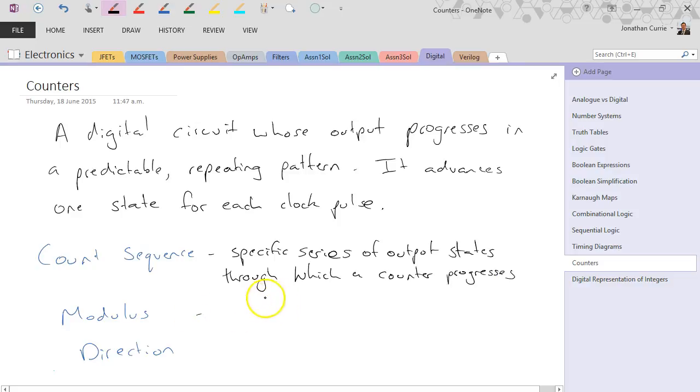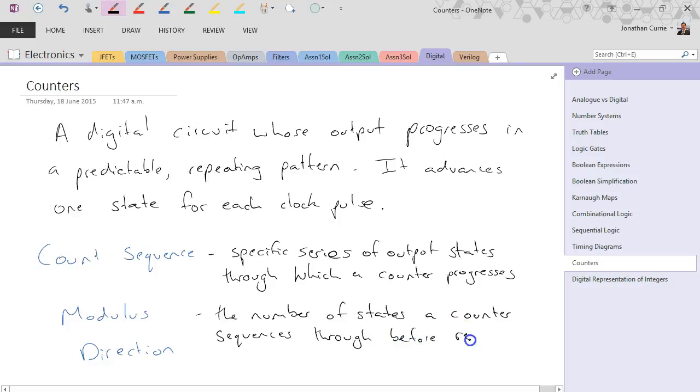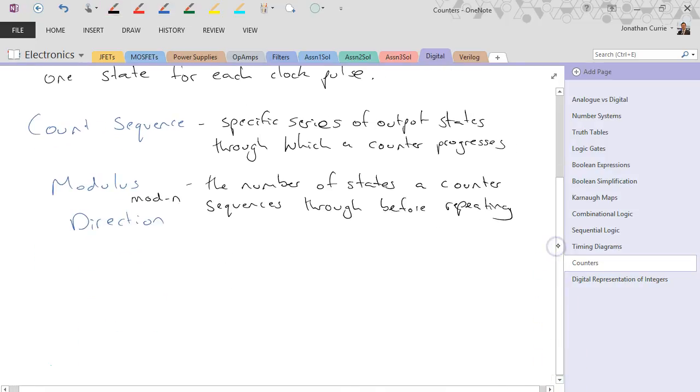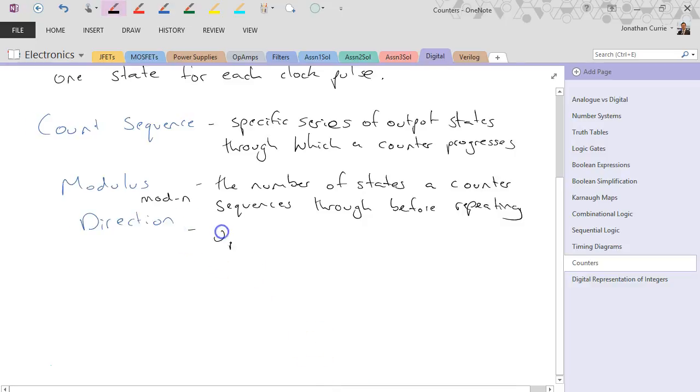The modulus is the number of states a counter sequences through before repeating. Sometimes it's known as mod n, and the direction being either an up counter or a down counter.